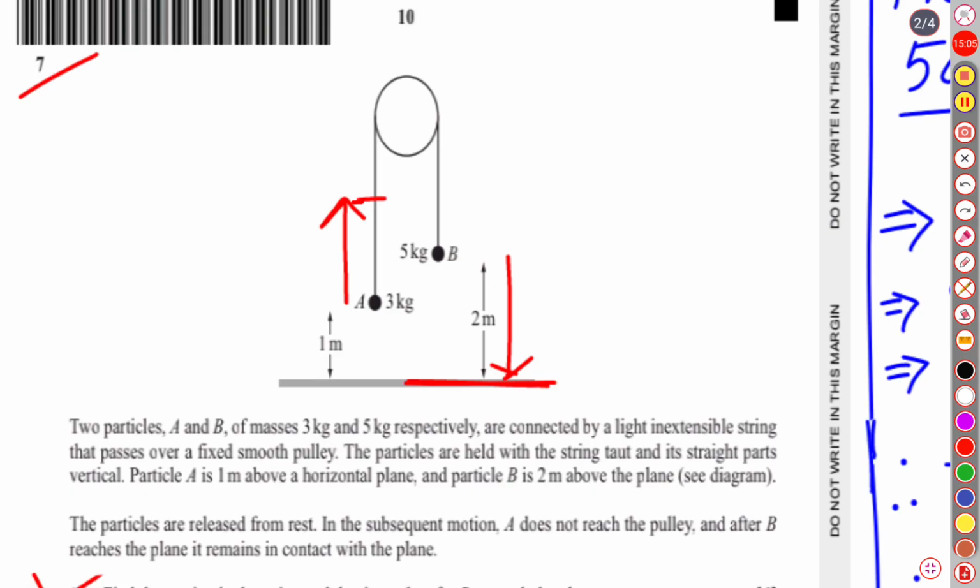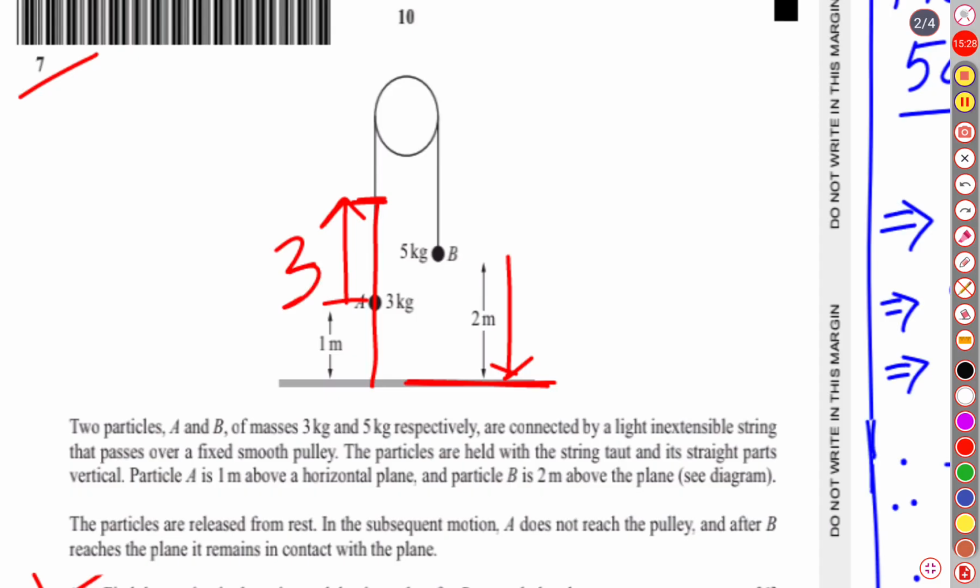Suppose this is 2 meters. So when B reaches the plane, A reaches this height. What will be the height from here until the plane? It is already 1 meter above, then 2 meters is traveled, so a total of 3 meters.